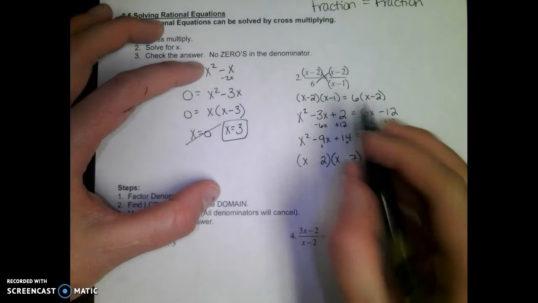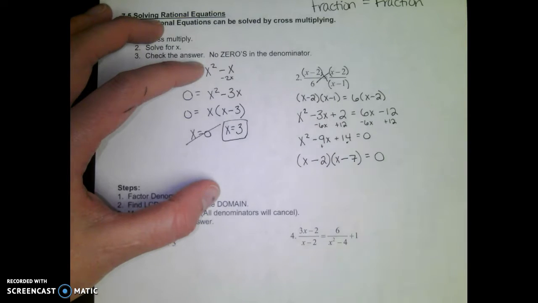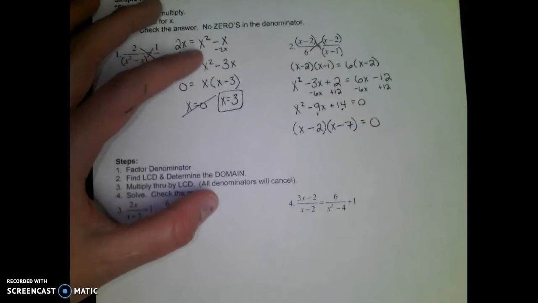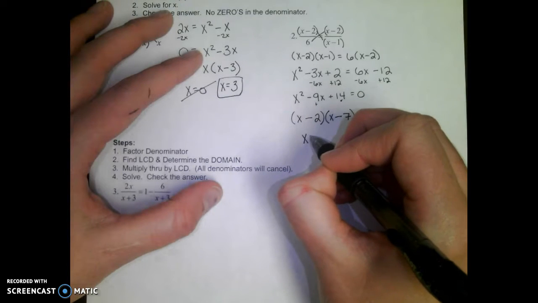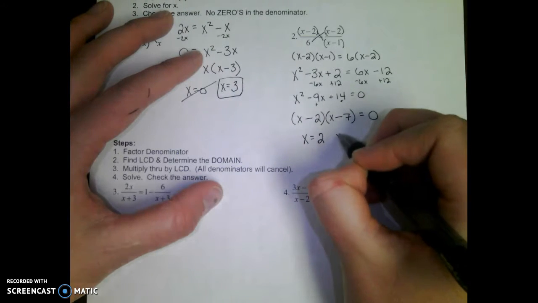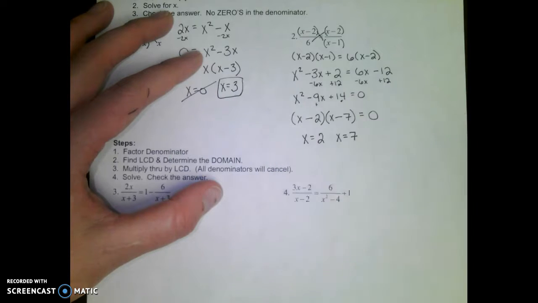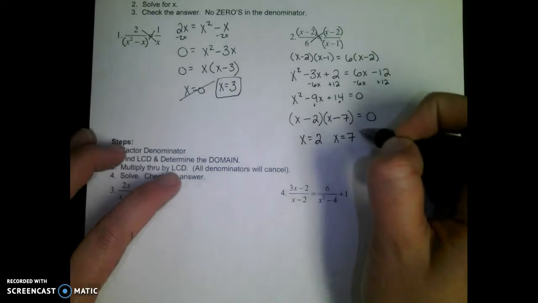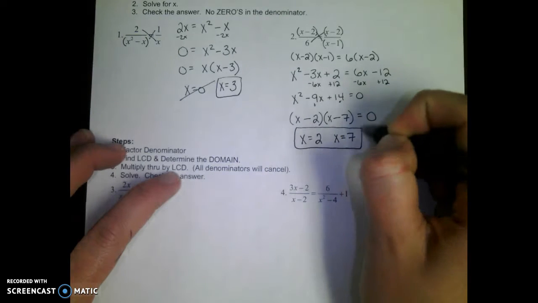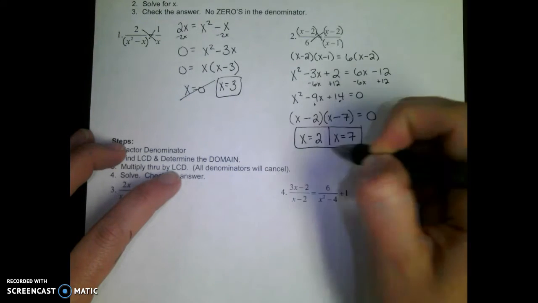Negative 2 and negative 7 would add up to negative 9, so they are both negative. Once we have this factored, our solutions are positive 2 and positive 7. Would either of those answers create a 0 in the denominator of the original problem? 2 minus 1 is not 0, 7 minus 1 is not 0, so both of these solutions work.